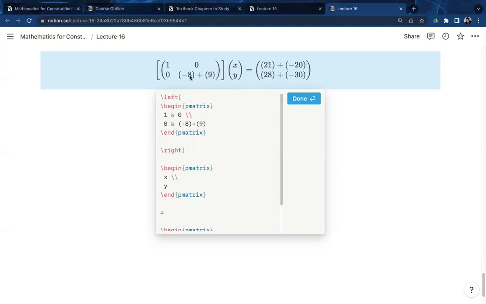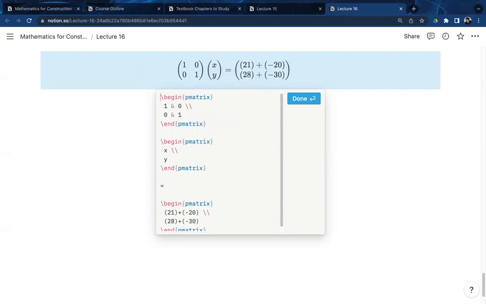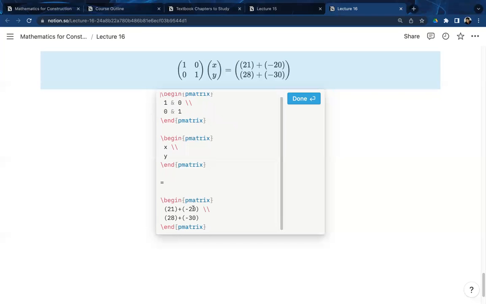Minus 8 plus 9, that's 9 minus 8, so it's 1. So you don't even need these brackets again, because you get one matrix. And on the right-hand side here, 21 minus 20 is 1. And 28 minus 30, -2.